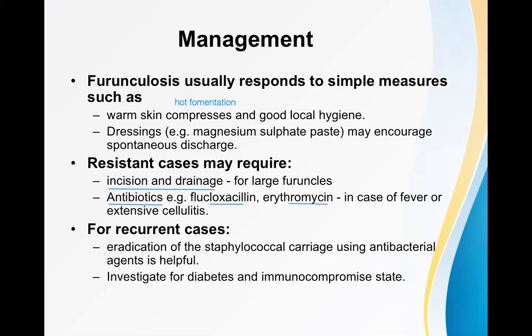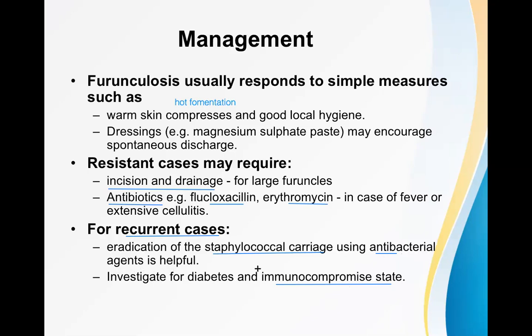Now, for recurrent cases, we have to rule out immunocompromised state. I have already talked about this. And one more thing we can do: this patient may be having staphylococcal carriage in their nose. So application of some antibacterial agents may be helpful.